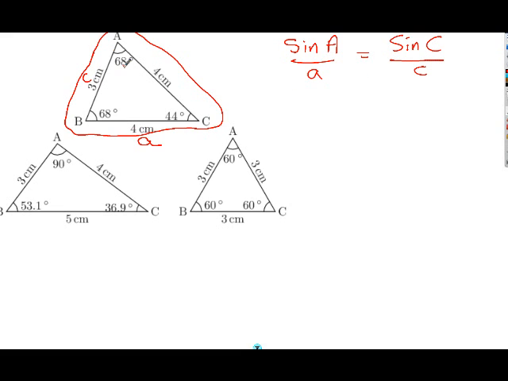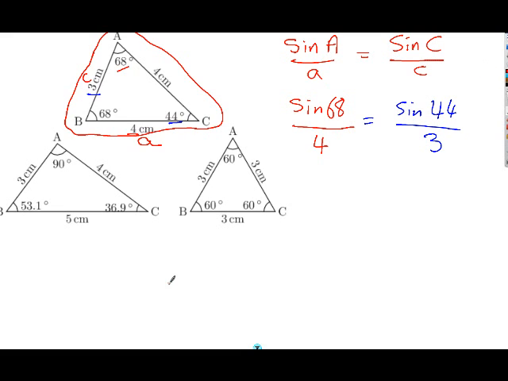Okay, so angle A is 68, so looking at sine 68, and side A was 4 centimeters, so we'll divide that by the number 4. We'll change colours now. I'll highlight angle C, that's 44 degrees, and we're going to divide that by side C, which is 3 centimeters.